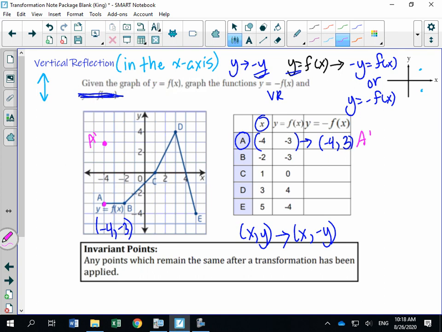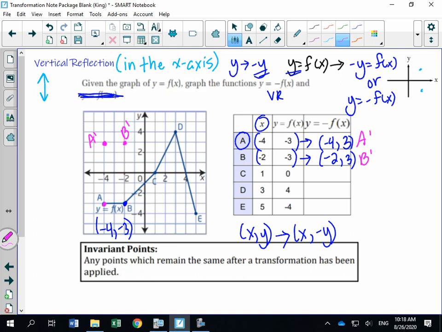Okay, let's do B. Here was B, and they said my B coordinate was negative 2 comma negative 3. Well, what is my new point? It's going to be negative 2 comma 3, and that's going to be B prime, right? The x coordinate always stays the same and the y coordinate becomes the opposite sign. So a negative 3 becomes 3 because this is going to get reflected up. So that's B prime.